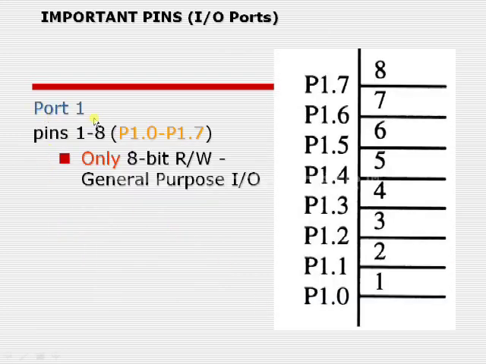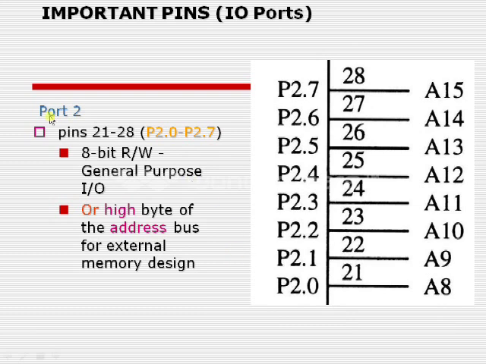Now let us see the next port, that is port 1. It again has 8 pins, that is P1.0 to P1.7, and these are also called multiple functionality ports. Why? Because these pins can be used as input as well as output. Now we have port 2.